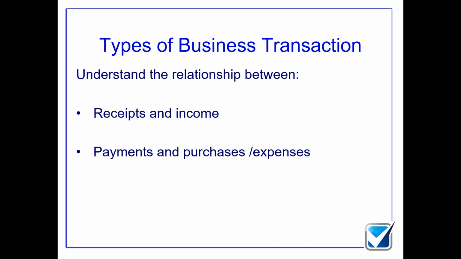So the sale, which is an income figure, becomes a receipt of cash sometime in the future. A payment will then become a purchase or an expense. So money going out of the business becomes a purchase or an expense. Now remember, there's a difference between purchases and expenses, and we've looked at it a little bit. We're going to look at it again in chapter number 2.